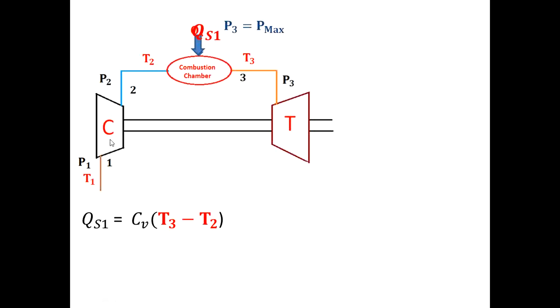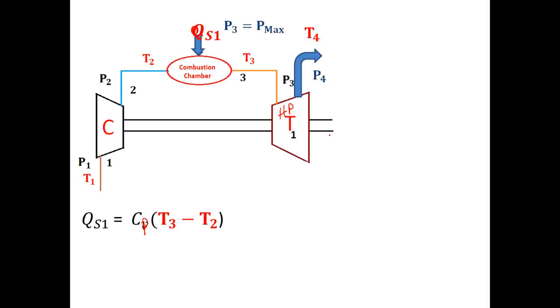The amount of heat energy supplied is QS1 equals Cp into T3 minus T2. Whatever fluid comes out of turbine 1, I'll call this turbine the HP turbine because it works with high pressure.